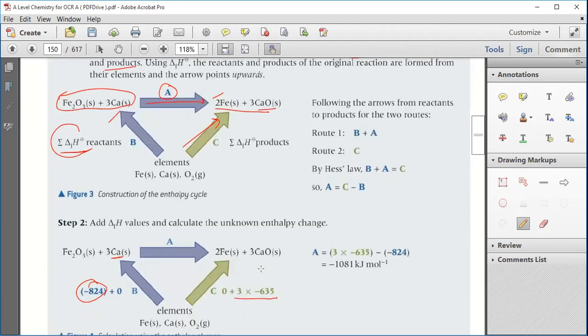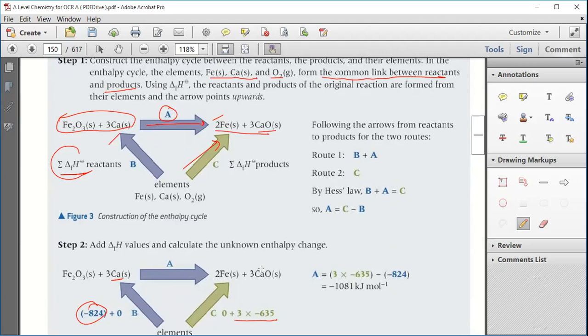What happened in this? So this is formation, so you have to do products minus reactants.